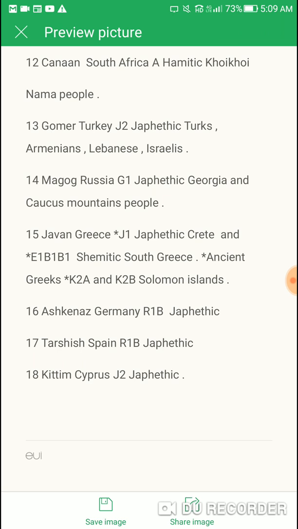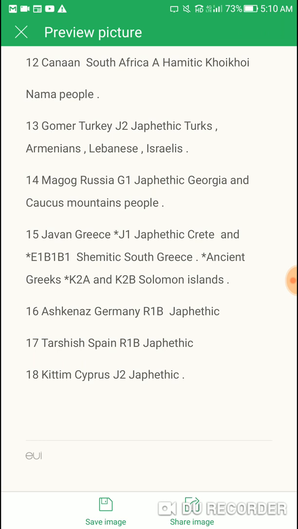But I just wanted to highlight certain parts. The E1B1B1 group would be in southern Greece, and then I put like a little star marker by the ancient Greece to refer to the overall understanding of the people in the Pacific Island region.